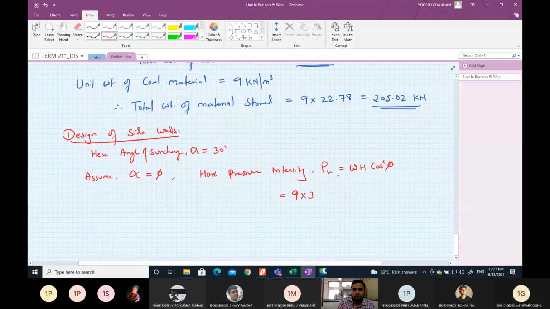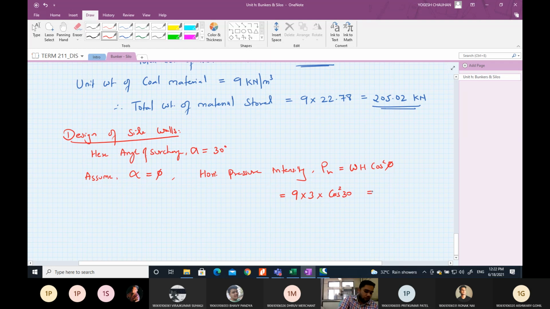So this is P, horizontal pressure intensity, equal to the unit weight times the height times cos square phi.